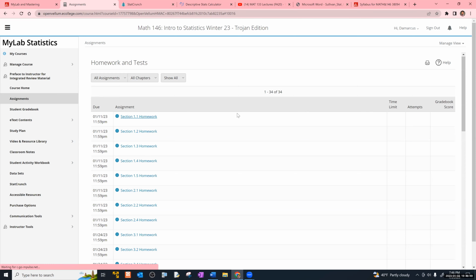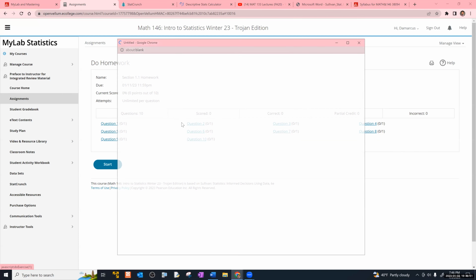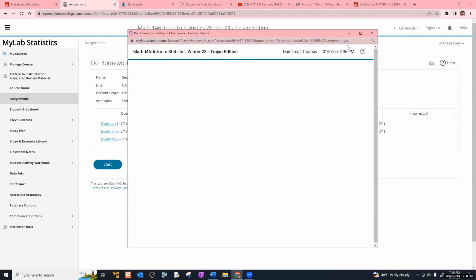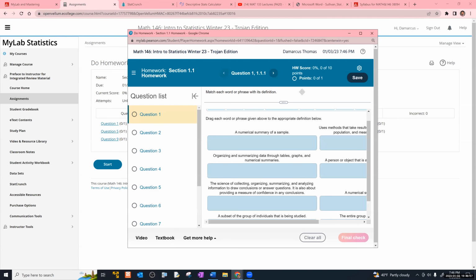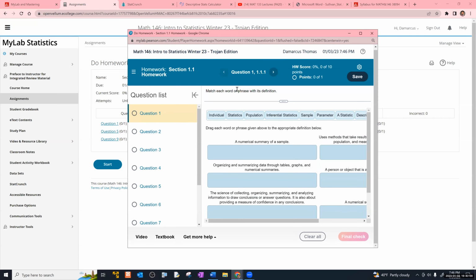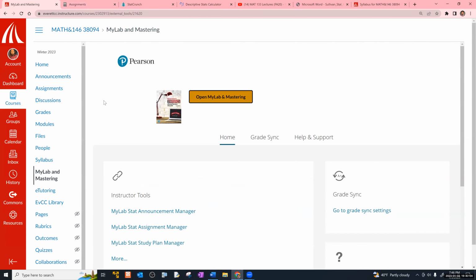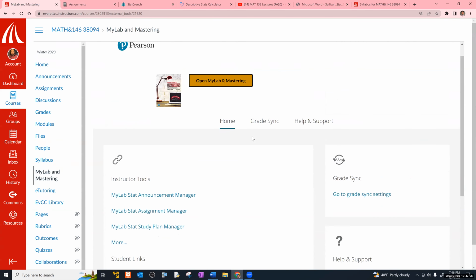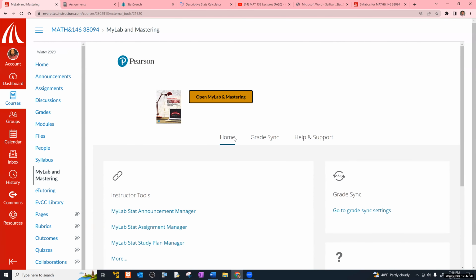So if I click on 1.1, I get the full screen. I can open it up. And I won't have any problems. Eventually, this work will get uploaded into Canvas when I sync the grades. Okay. So that's a broad overview of our Pearson and the way the class is set up.